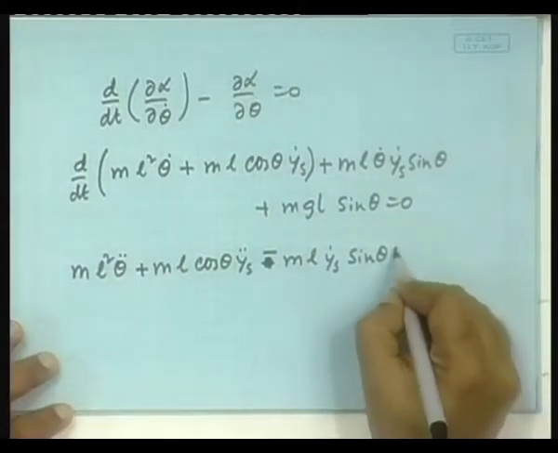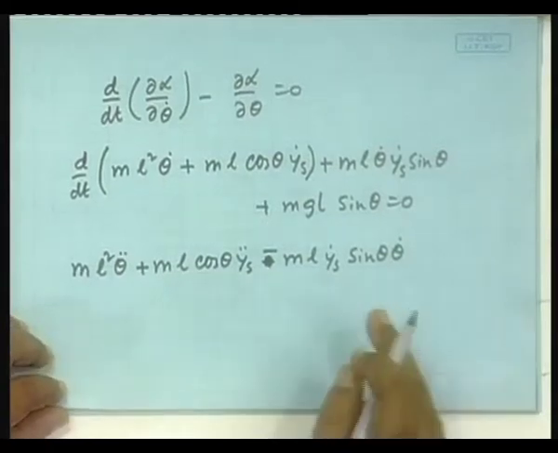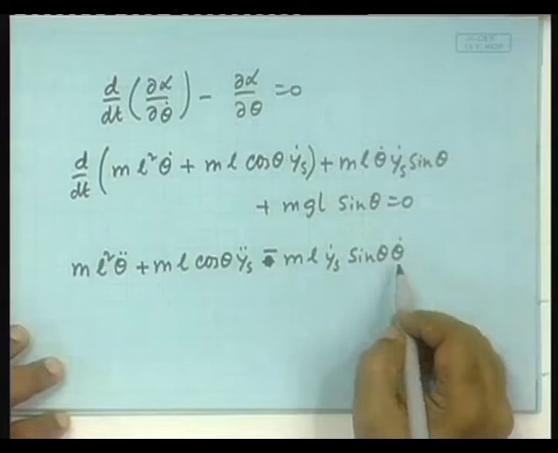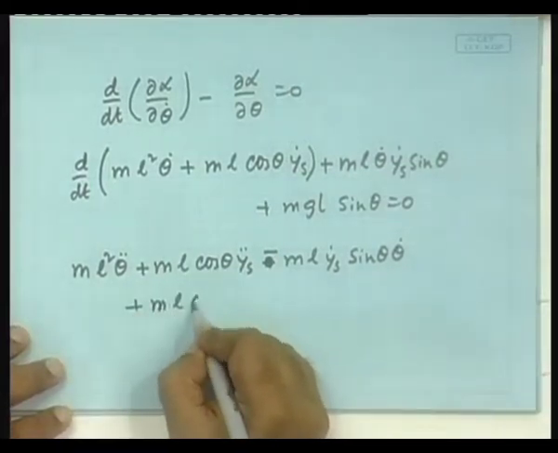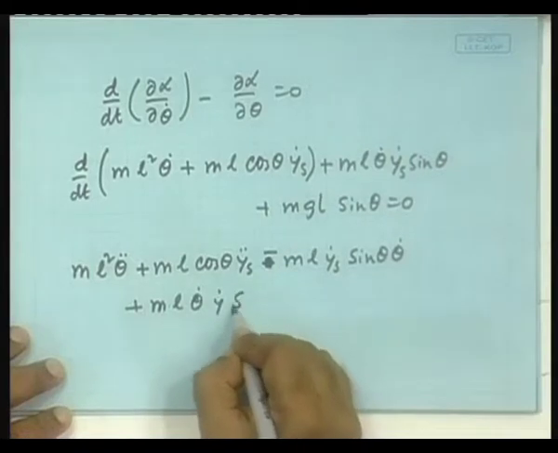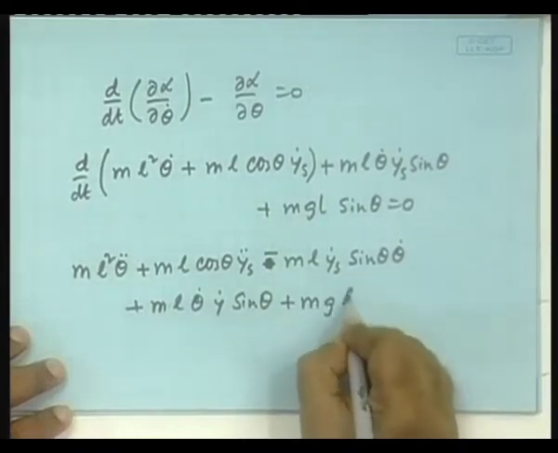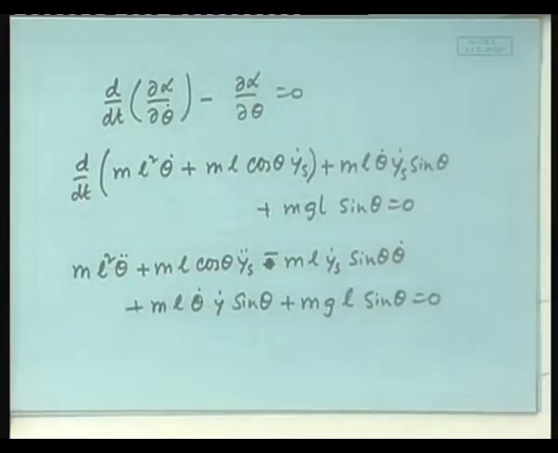Into theta dot, right? And this is the crucial thing that people miss. So, plus m l theta dot y dot s sin theta, plus m g l sin theta equal to 0. Done.